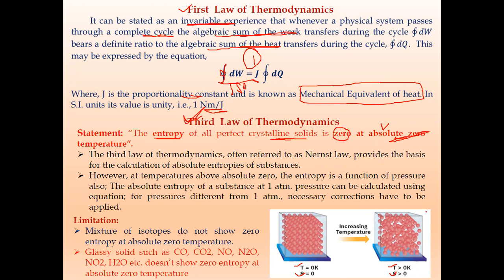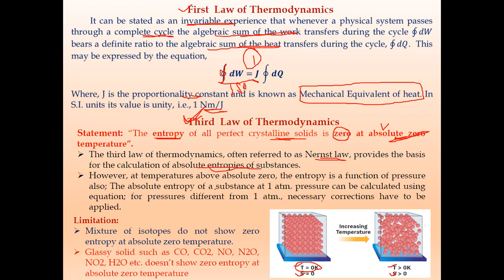So a perfect crystal has entropy 0 when the absolute temperature is 0. So the third law of thermodynamics is often referred to as Nernst's law, which provides the basis for calculation of the absolute entropies of a substance.